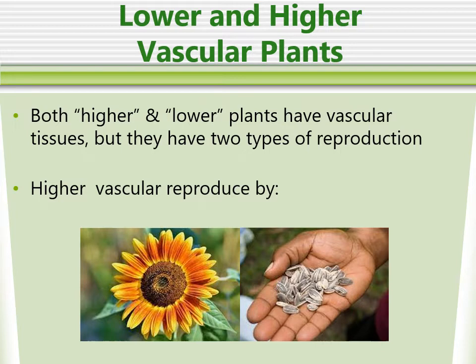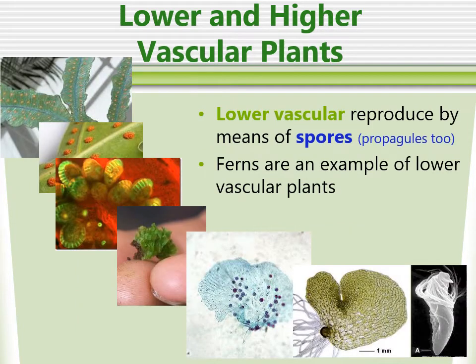All right, so we've got non-vascular, we've got vascular, and in the vascular, we've got lower and we've got higher. The lower ones reproduce with spores, the higher ones reproduce with seeds. Interestingly, the lower vascular process of reproduction does employ spores, and typically those evolve into plantlets which produce eggs and sperm. On the bottom right corner of this slide is a hairy structure.